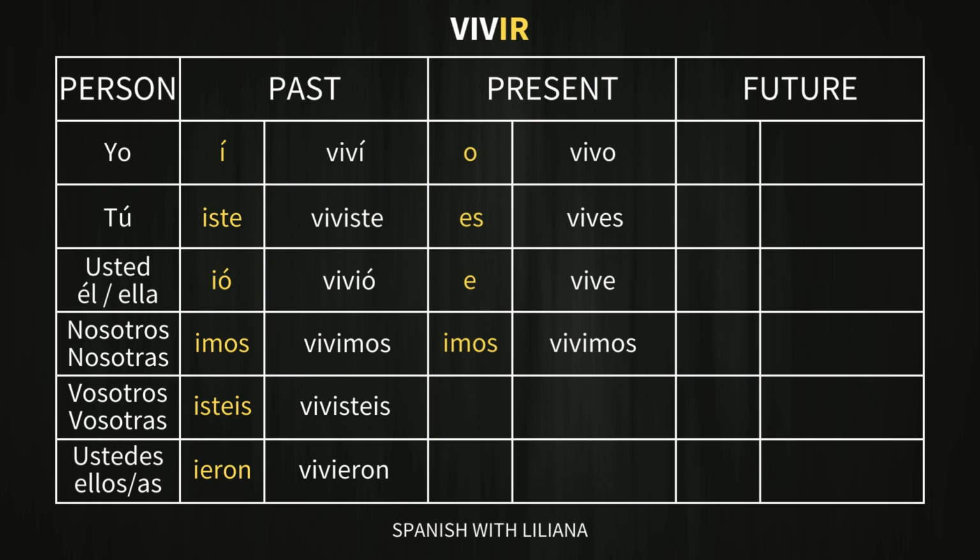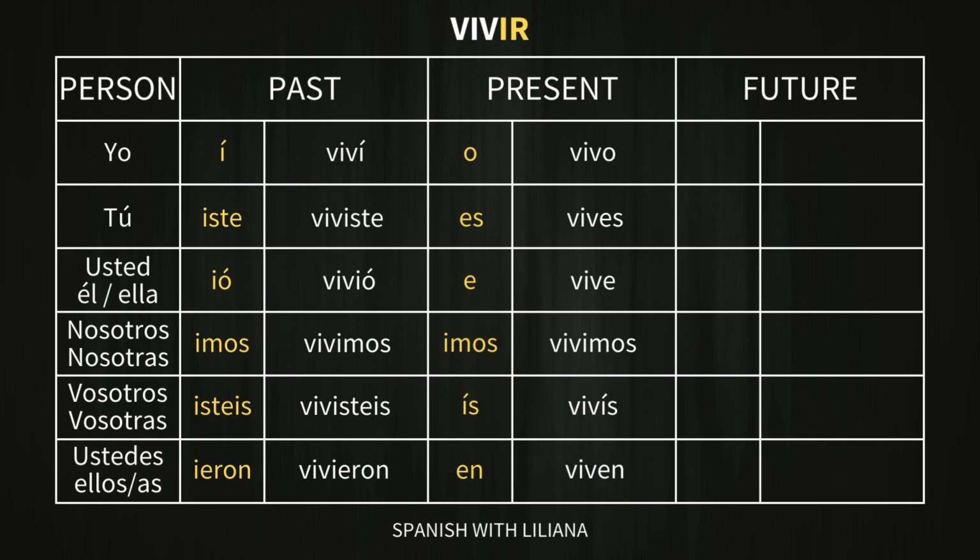Vivimos. For vosotros, vosotras, we'll use is. Vivís. And for ustedes, ellos, ellas, we'll use en. Viven. Some of the endings are the same as the ER verbs. The differences are in nosotros and vosotros.